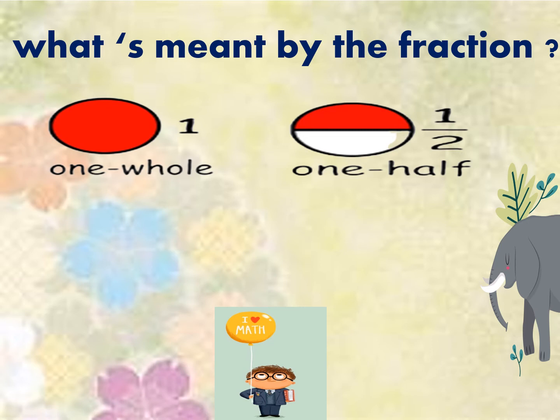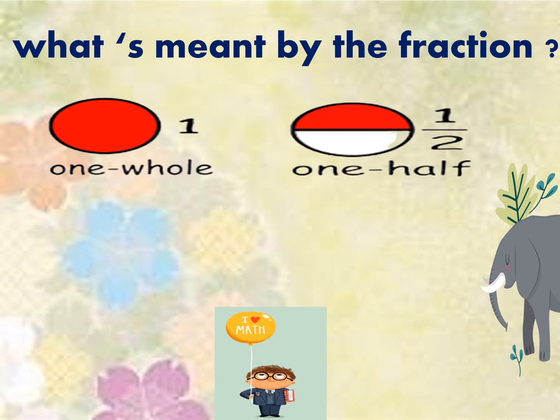Here the colored part is 1 and the total parts is divided into 2, so I will write 2. So how can I read it? 1/2 or 1 over 2.